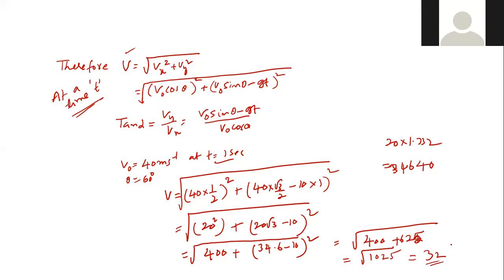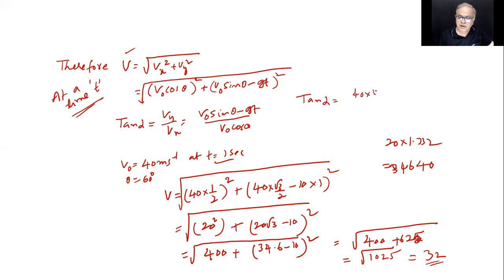And tan alpha will be how much? I want you to do the whole calculation because that's how you'll understand the whole thing. Tan alpha equals, we already have V0 sin theta minus gt. V0 is 40 root 3 by 2 minus 10 into 1.